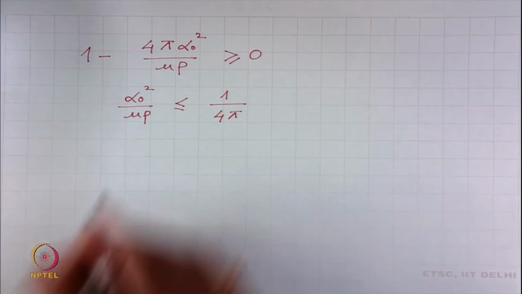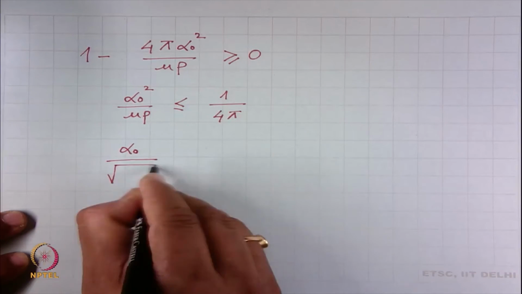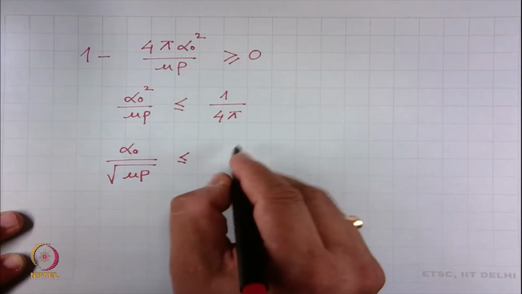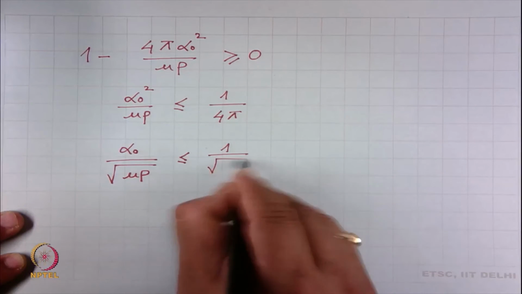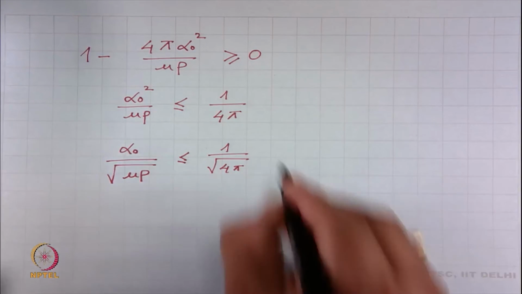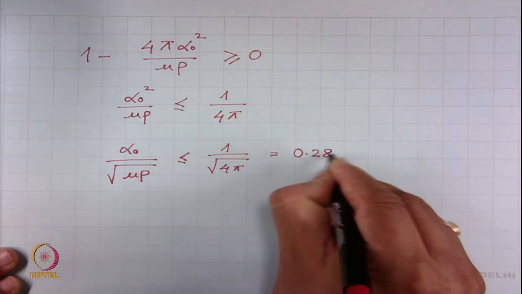If we take the root, must be less than or equal to 1 by root 4 pi. What is this value? This value is equal to 0.281.